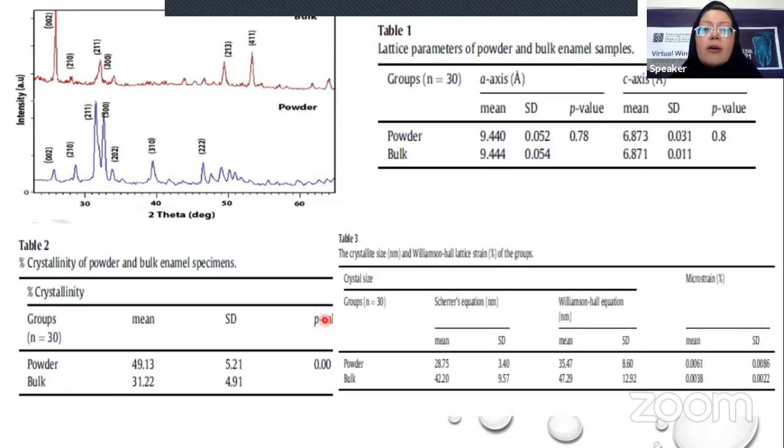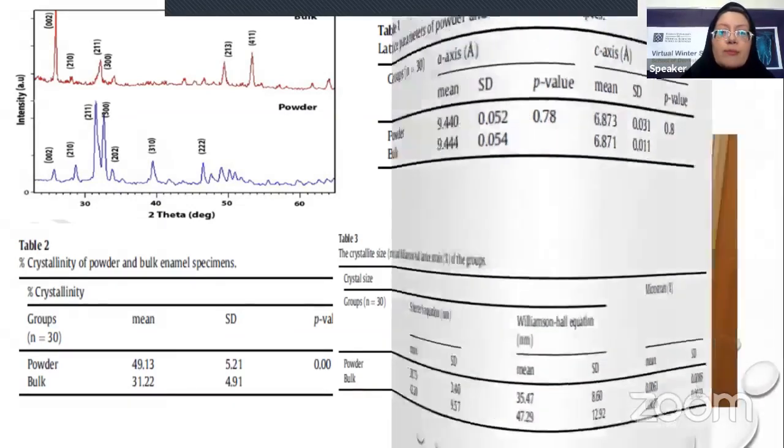Finally, we measured the crystalline size of bulk and powder forms, and we found that the bulk form has a larger crystalline size than the powder one.